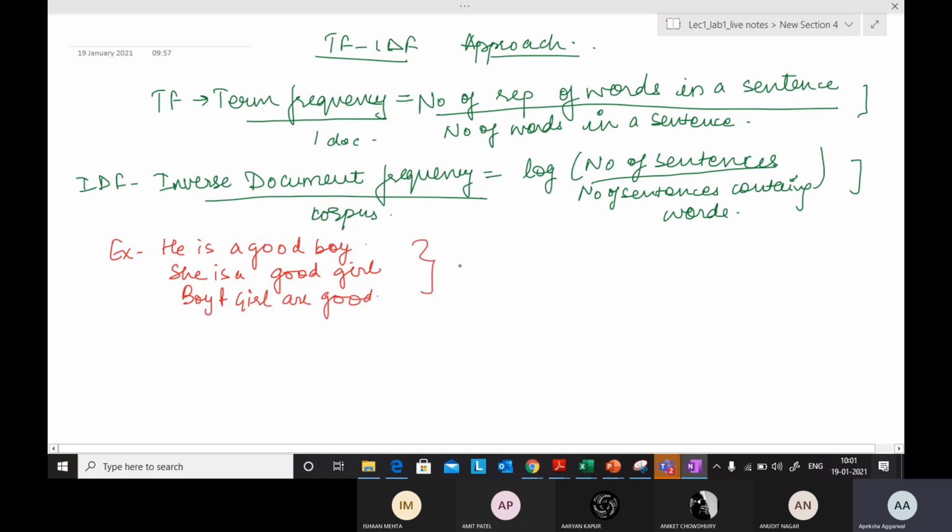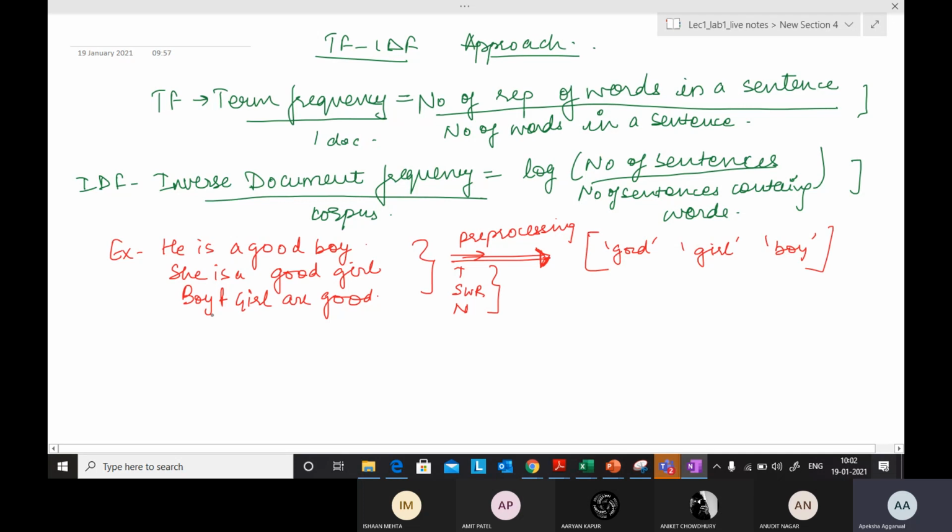Okay, if I do all the pre-processing, including tokenization, stop word removal, normalization, stemming and lemmatization, and changing case to lower, I will get a set of words like good, girl, boy, and that's all. He, she, is, and, or, these are removed. So only 3 words I'll get, right?